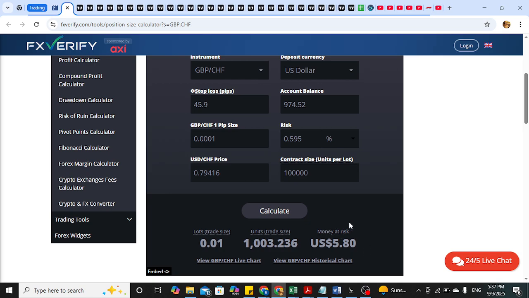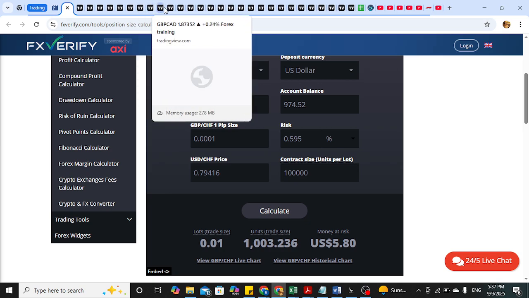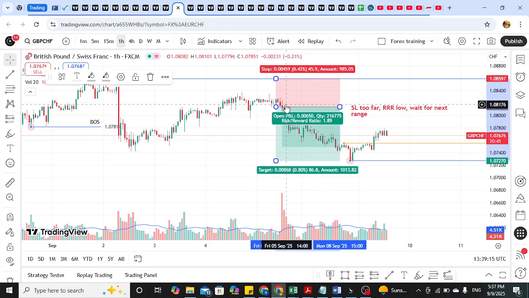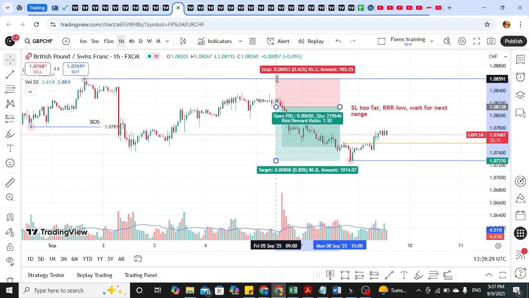Let's say I found out the risk that I want to take, but if we go back to the trade itself, we find out that the RRR is less than 2. It's 1.89, so it's less than 2. This is why I made the stop loss here just at the end.